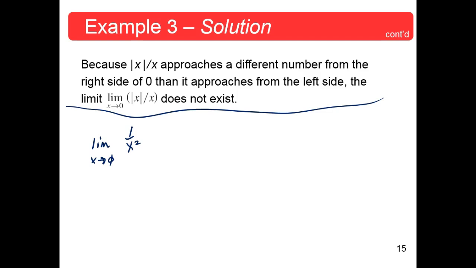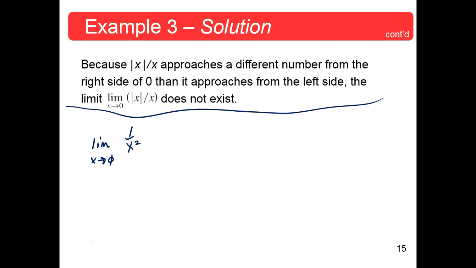Does not exist. Now, in some later places in this book or other books, they'll say we'll call this going to positive infinity. What is positive infinity? It's not a number. It doesn't exist. It just keeps going, infinitely large, whether you approach it from the left or from the right.